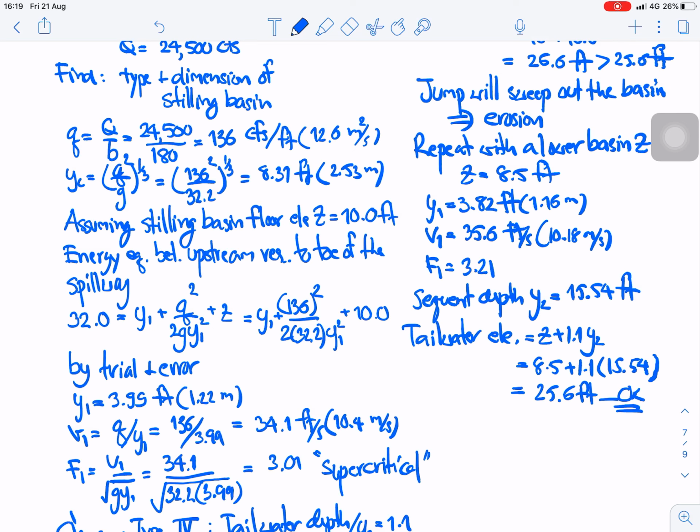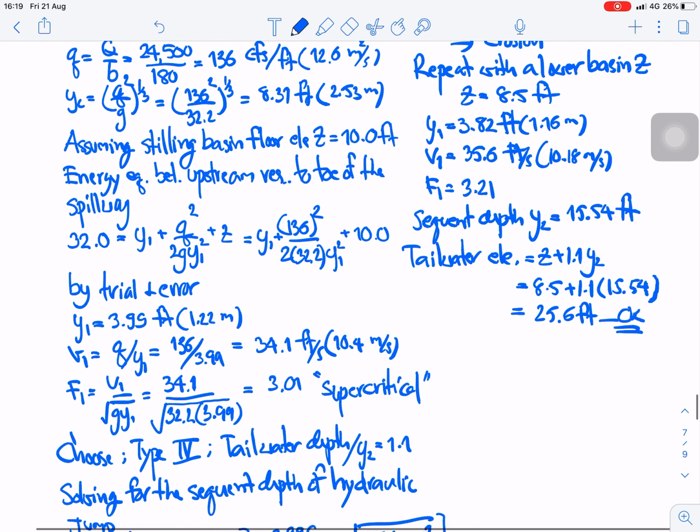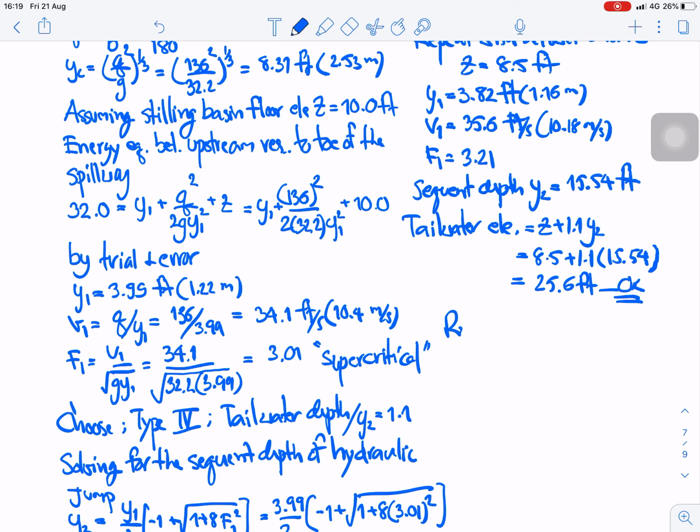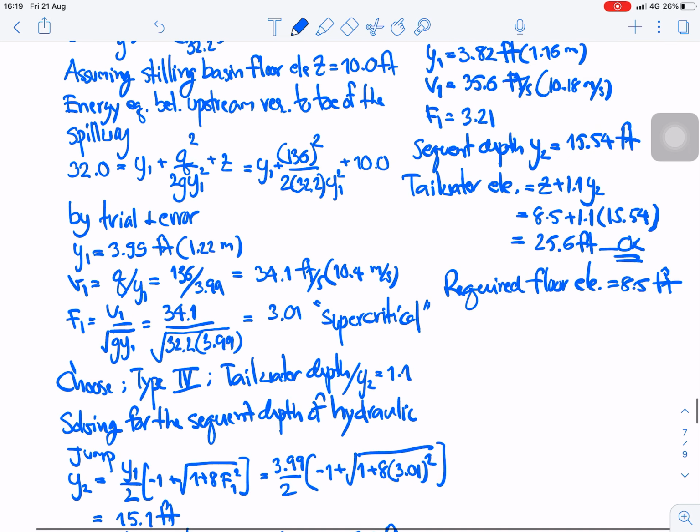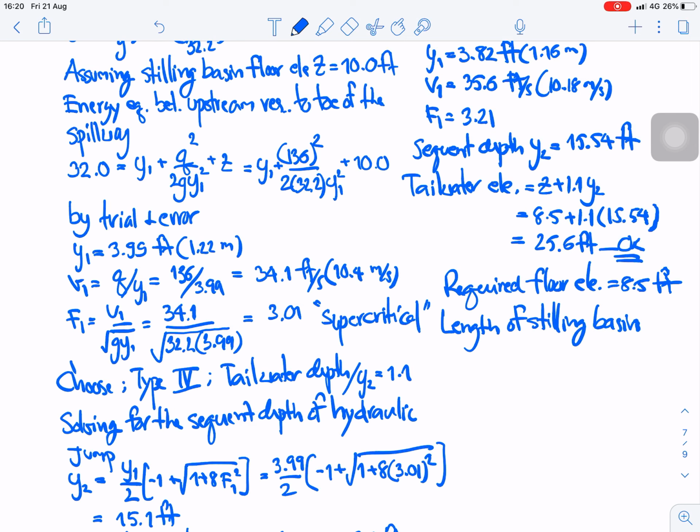Okay, so we conclude that the required floor elevation is equal to 8.5 feet. And for the length of the stilling basin, that is just the specification for the design.